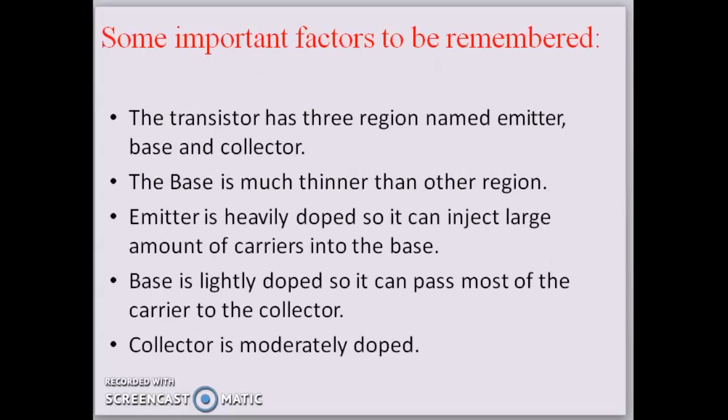Now some important factors which should be remembered. First point, the transistor has three regions named emitter, base and collector. The base is much thinner than the other regions. The emitter is heavily doped, so it can inject a large amount of carriers into the base.